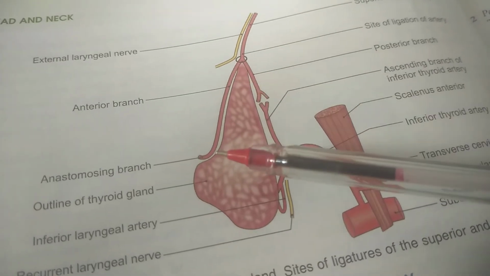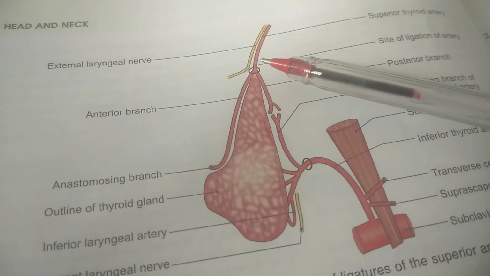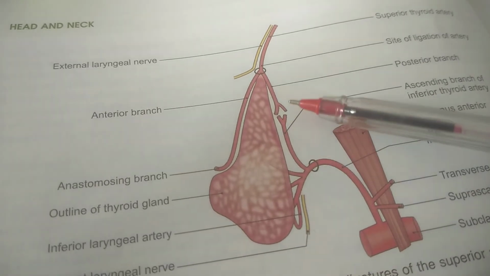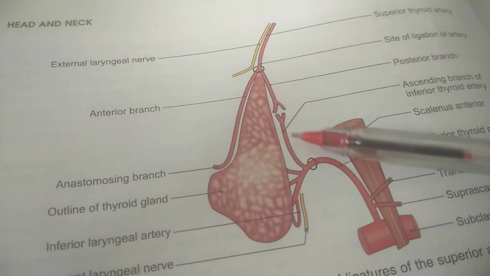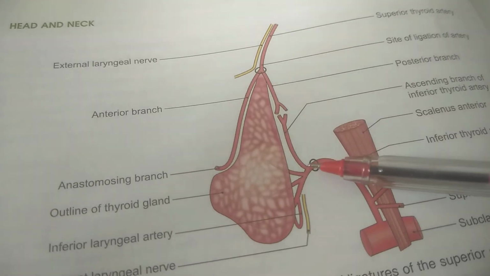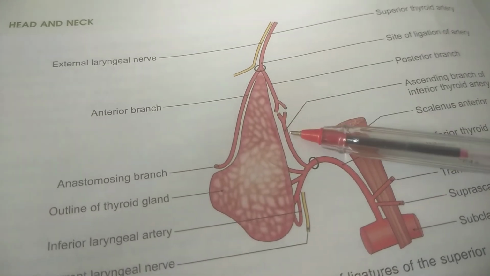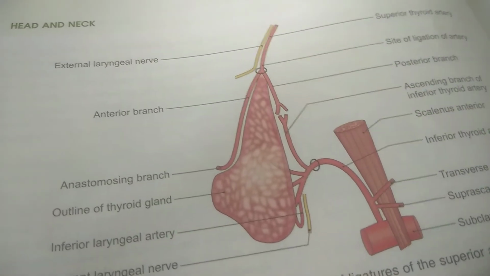And this anterior border is related to the anterior branch of superior thyroid artery, and this posterior border is related to the posterior branch of superior thyroid artery and the ascending branch of inferior thyroid artery and the anastomosis between these two branches. Okay, these were the features and the relationships of each lobe of thyroid gland.